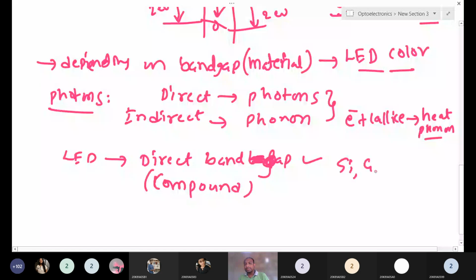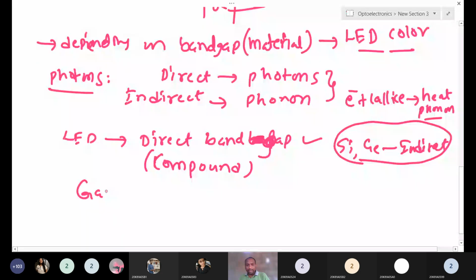Only direct semiconductors, mostly compound semiconductors like gallium arsenide, gallium phosphide, or gallium arsenide phosphide, are used.